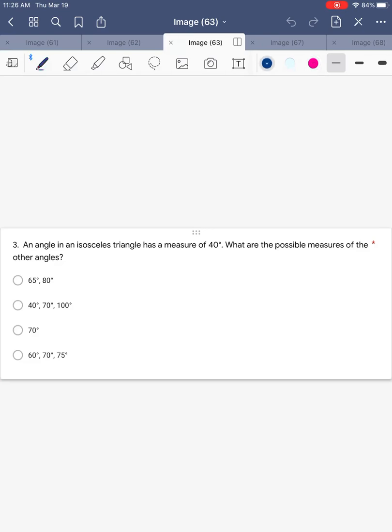Well, if we remember, an isosceles triangle has 2 equal sides and one that's not. This could be an example of it. There's lots of ways we could write it out. And so actually there's a couple different ways we could have measures for this one. So let's just say, first of all, if this angle was 40, and remember that all triangles equal 180.